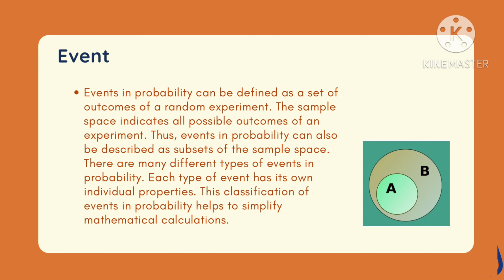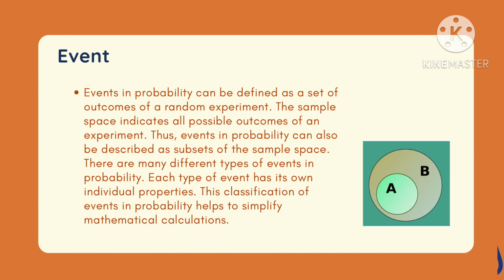An event in probability can be defined as a set of outcomes of a random experiment. The sample space indicates all possible outcomes of an experiment. Thus, an event in probability can also be described as a subset of the sample space. There are many different types of events in probability.